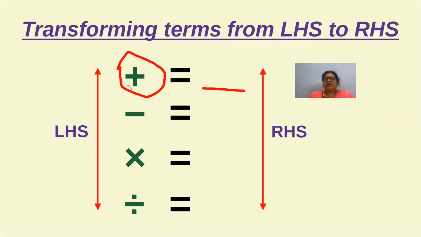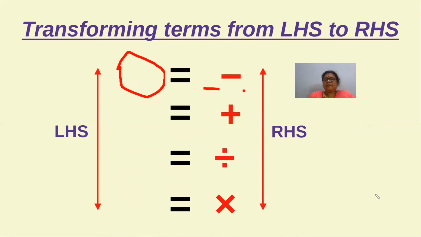So when you take a plus sign to the other side, what will it become? Yes, it will become minus. And minus, when you move to the right side, it will become plus. What happens to multiplication? Multiplication will become division. And division will become multiplication. This you have to remember when you are solving a simple equation.